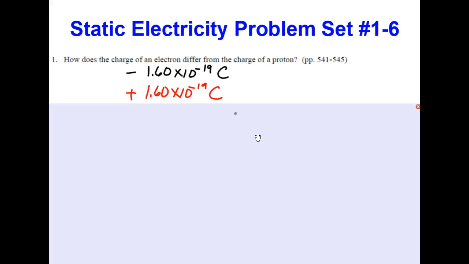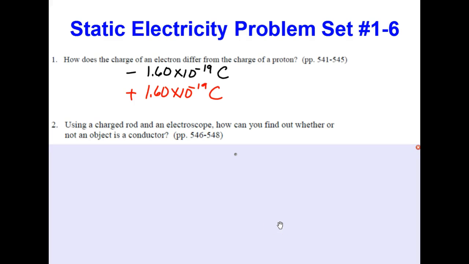We also know that they electrically neutralize each other, so the charge of the electron must be the same in magnitude but opposite in sign. So the charge of an electron is negative 1.60 times 10 to the negative 19 coulombs, while the charge of the proton is also 1.60 times 10 to the negative 19 coulombs, but it has a positive charge.